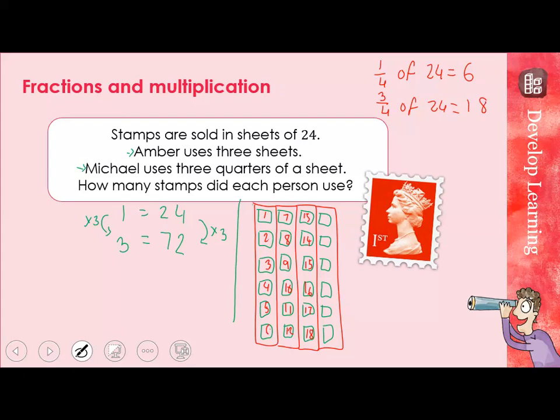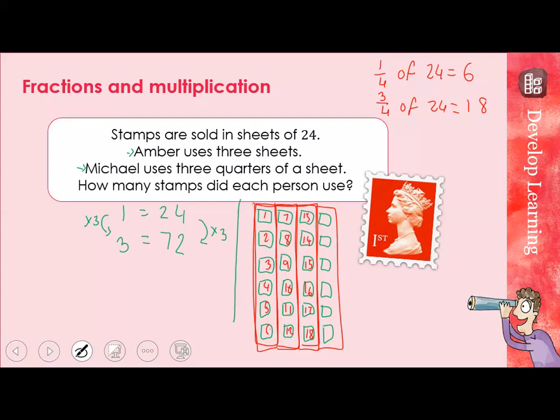What do you notice though? What could I have done to speed that up instead of counting them out individually? Well, once I knew that 1/4 was equal to 6, I could have just multiplied that by 3, couldn't I? Because I've got 3 lots of it: 1/4, 2/4, 3/4.